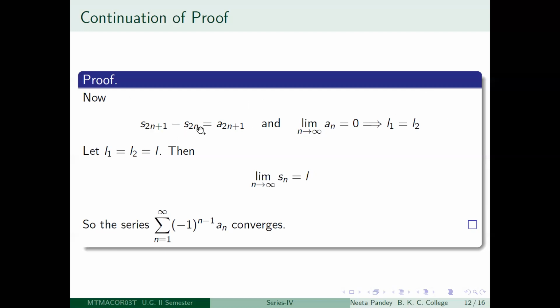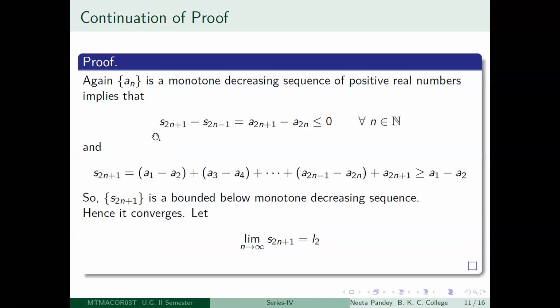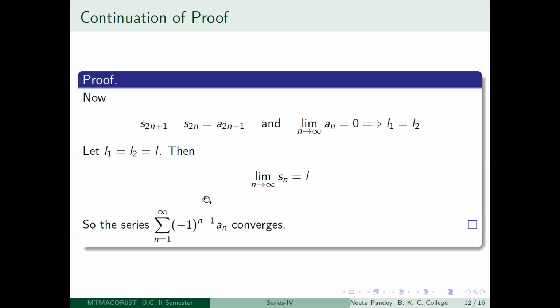So if you subtract S2n from S2n plus 1, the only thing which is left is the 2n plus 1th term. So if this sequence converges, this sequence converges. If you take the limit as n tends to infinity, it will converge to, let me see, L2 minus L1. This is converging to L2, this is converging to L1. So it converges to L2 minus L1.